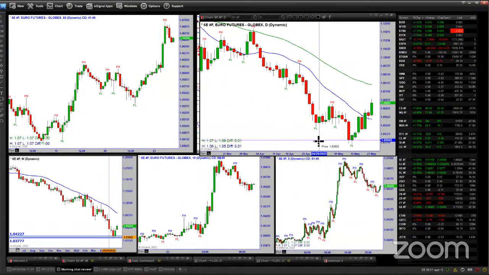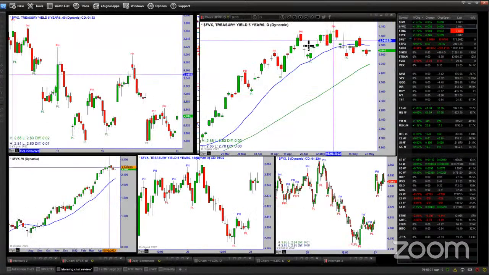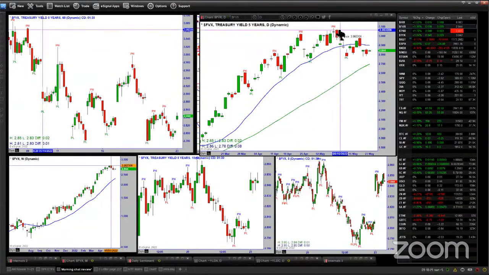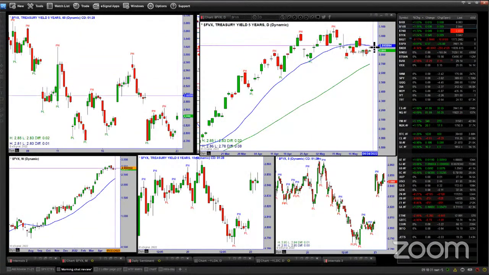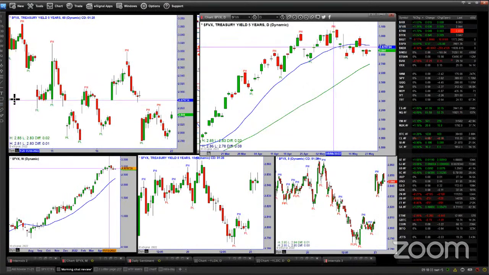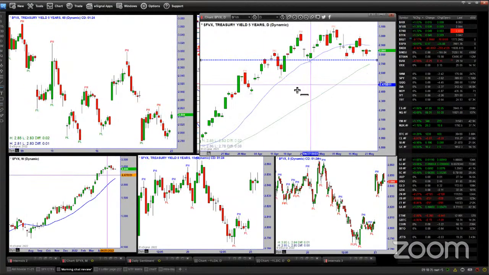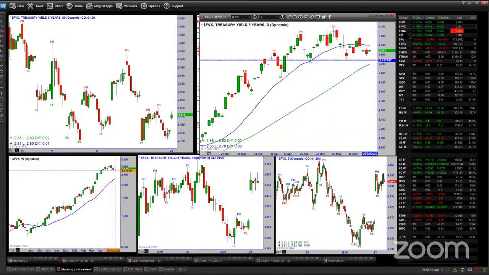So the dollar weakening a bit, that's a positive. Everybody anticipates the Fed will be raising interest rates again, which has been driving currencies. Currencies and interest rates are tied at the hip. In addition, we see interest rates, these yields, starting to lose some momentum. Now, the 5-year is not breaking support, but it is losing momentum.